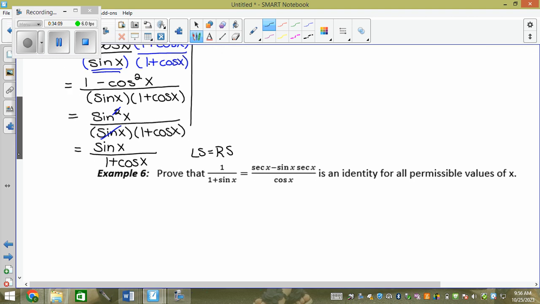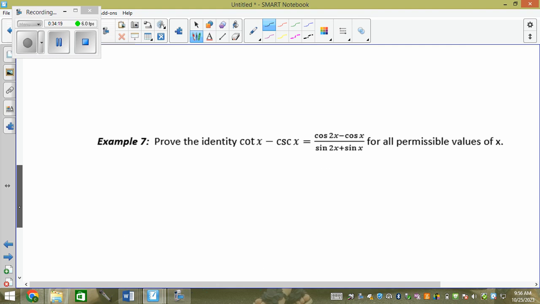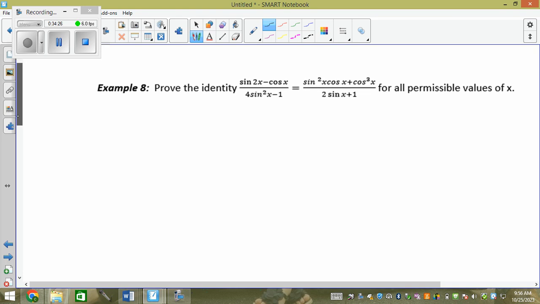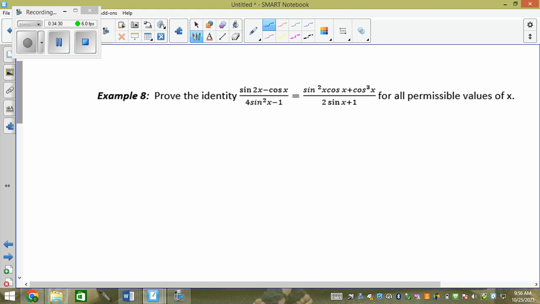You're going to try example 6 tonight too. I'm going to give you a hint. Both of these contain a secant x, so perhaps you can GCF a secant x out. That's your hint. Example 7, good luck. And then you're going to try example 8. A hint for example 8.